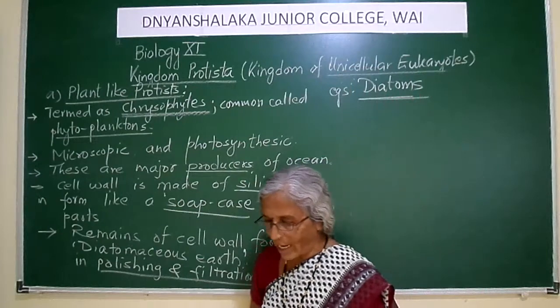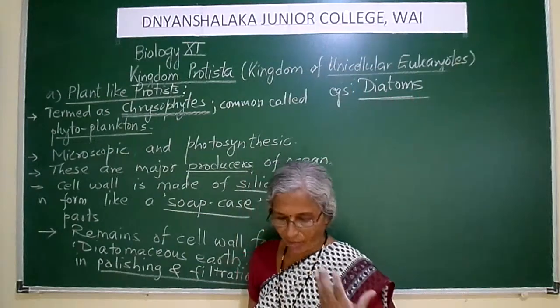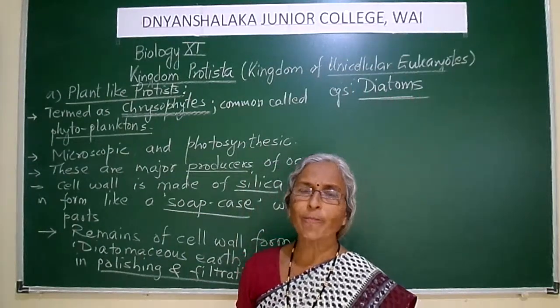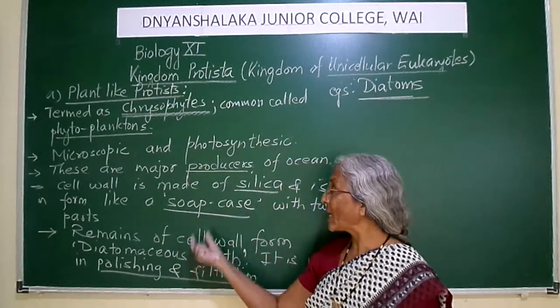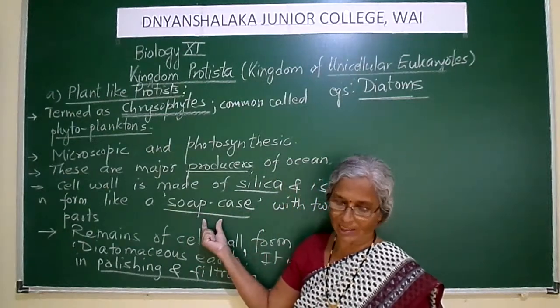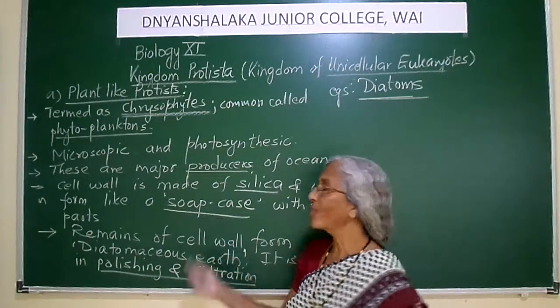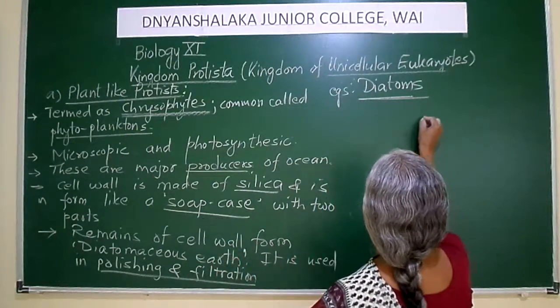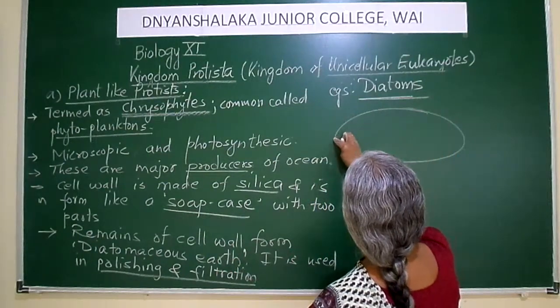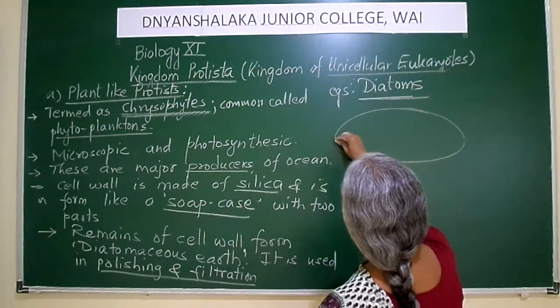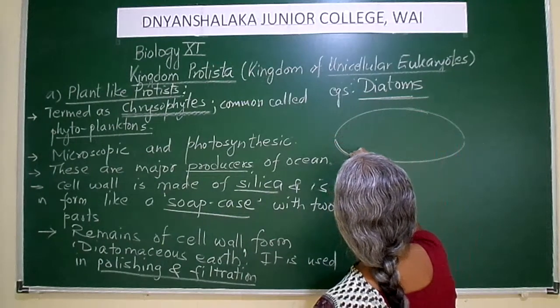Now these diatoms are unicellular and their body walls are made up of silica in the form of a soap case, and these will have different shapes. Some of the diatoms are going to be elliptical in this form. So there will be two parts in their body wall.